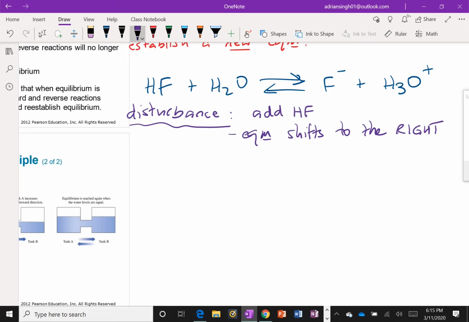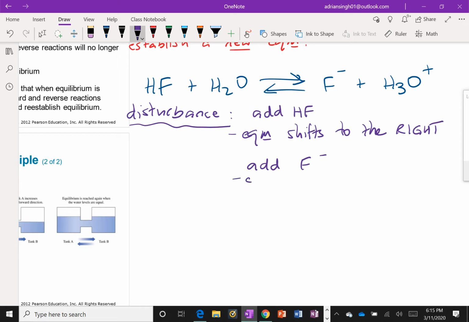If I added H2O, hang on, change that. If I added F minus to the system, how will the system respond to get rid of the F minus? It'll shift to the left, right, to convert the F minus back into the HF.